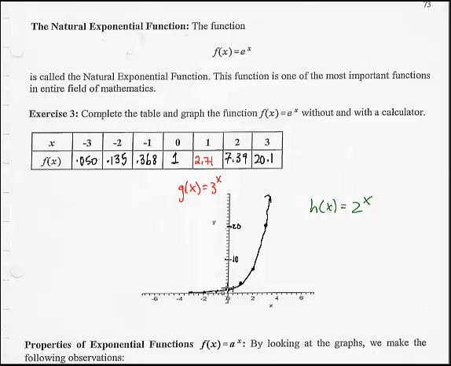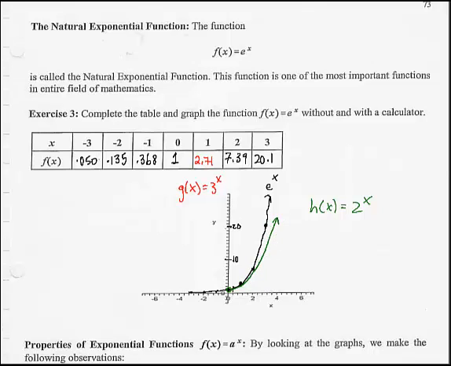It would still pass through 1. However, it would be slightly underneath this curve for e to the x, because e is 2.71 and 2 is less than that. So if I have a smaller base, then the exponential function doesn't increase as rapidly.